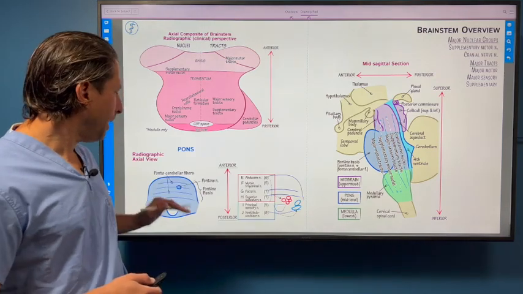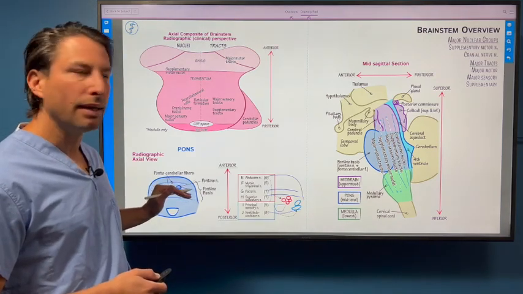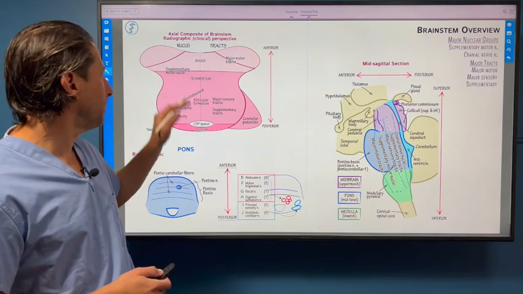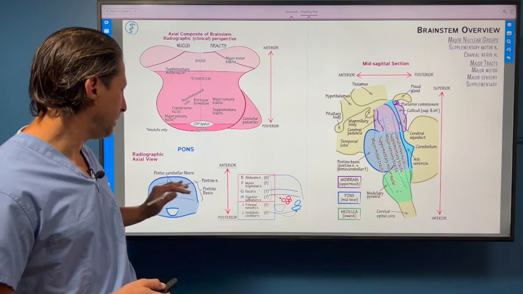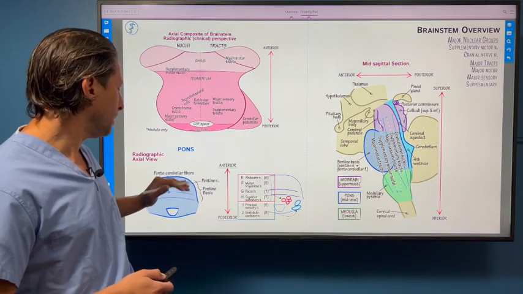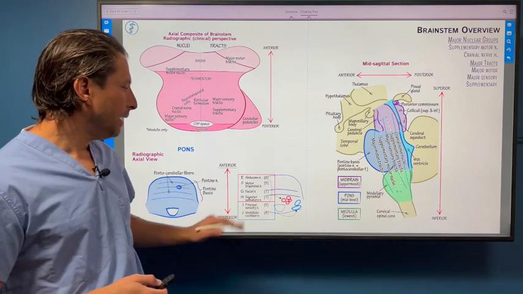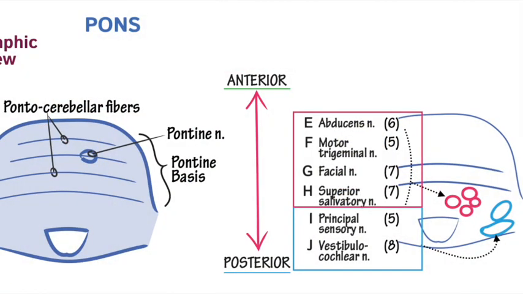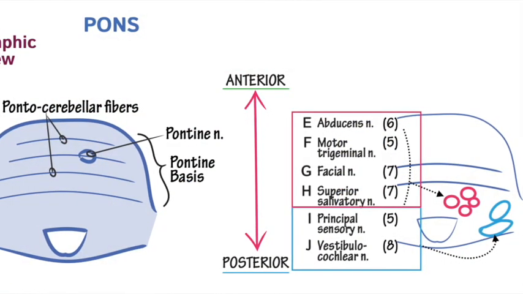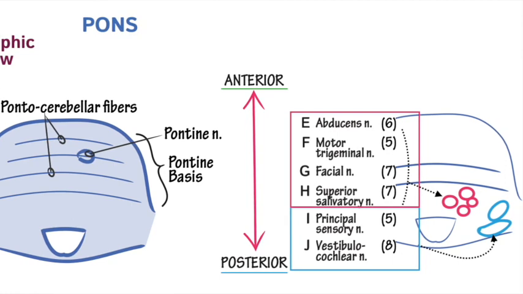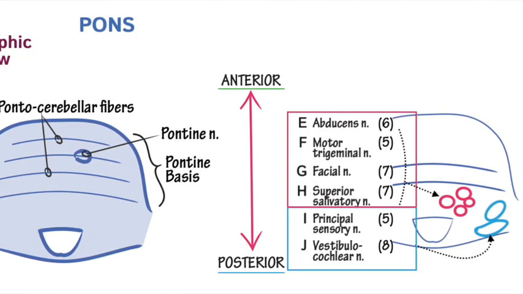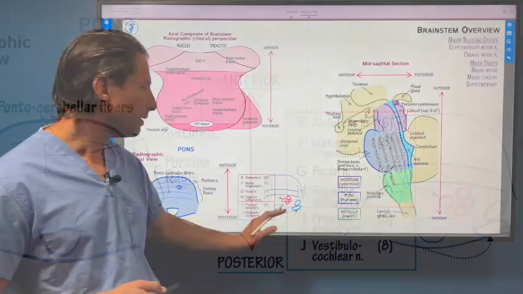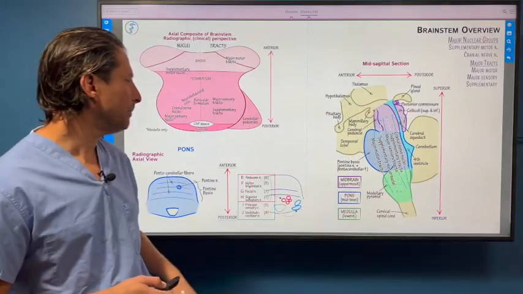So in the pons, pontine nuclei are these major supplementary motor nuclei. They live anteriorly, as we anticipated in the pontine basis, along with these pontocerebellar fibers. Again, when it comes to its cranial nerves, the motor components of them are going to live medially here, 6, 5, 7, and then the sensory components of things, the principal sensory nucleus and the vestibulocochlear nucleus, are going to live out laterally here.